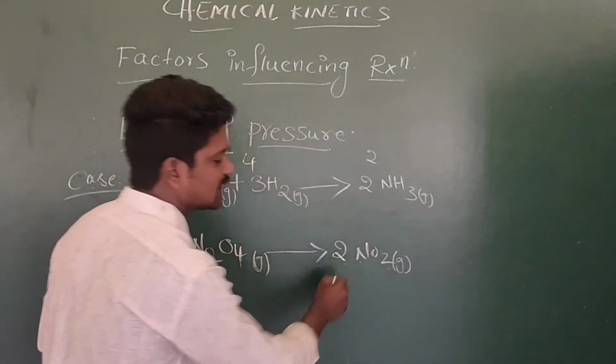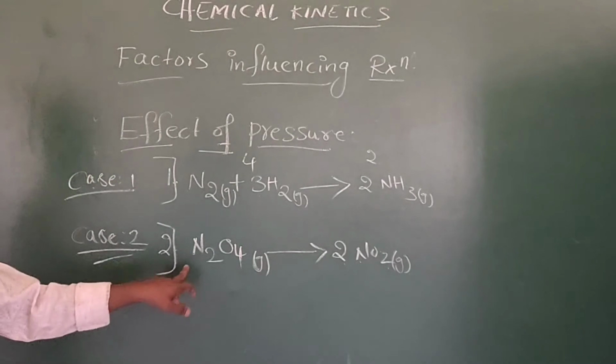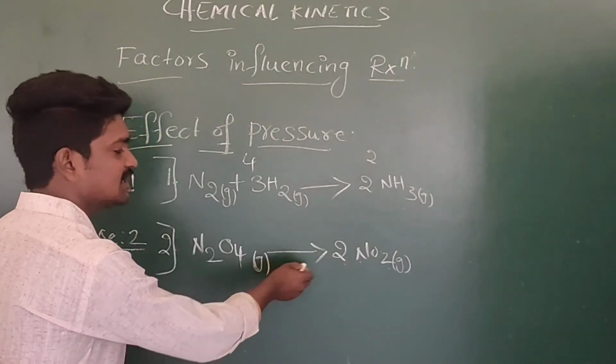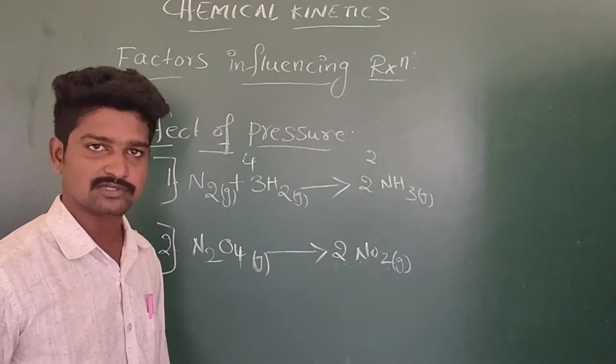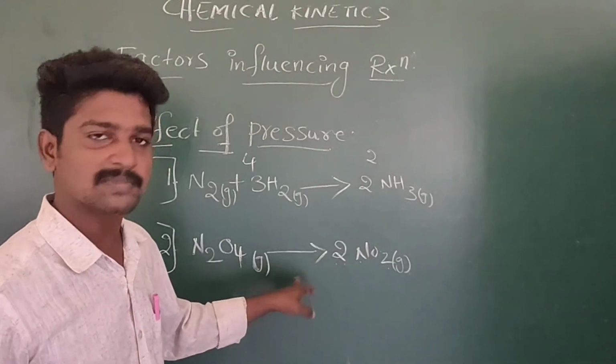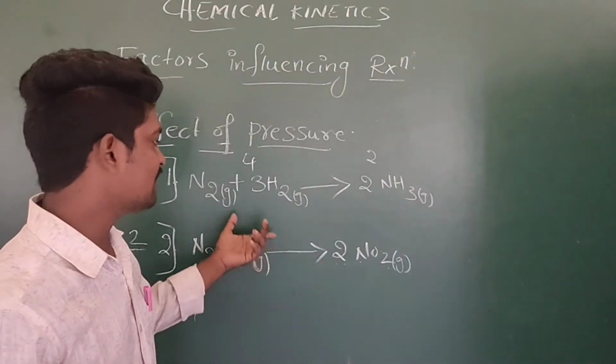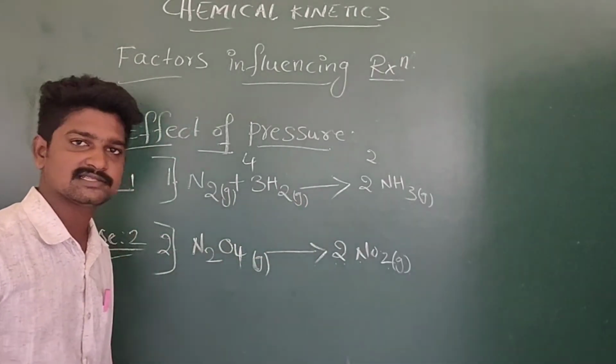Here NO2, there are two molecules. See here, when we increase the pressure, there is an increase in number of molecules. So pressure may alter or affect the rate of reactions.